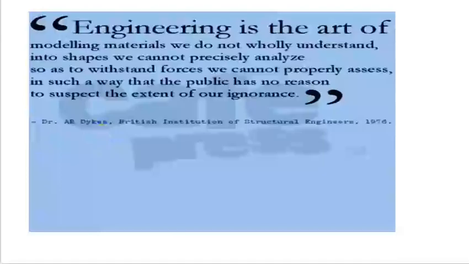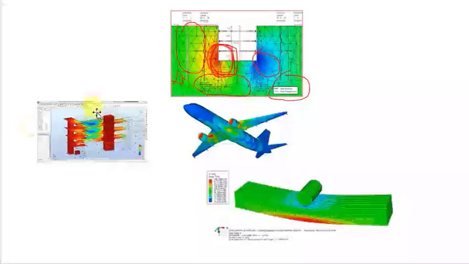This is a building. The loads have been applied, then finite element analysis, stress analysis, is done so that the stresses in these slabs are known, so that we can design that slab to take the stresses.